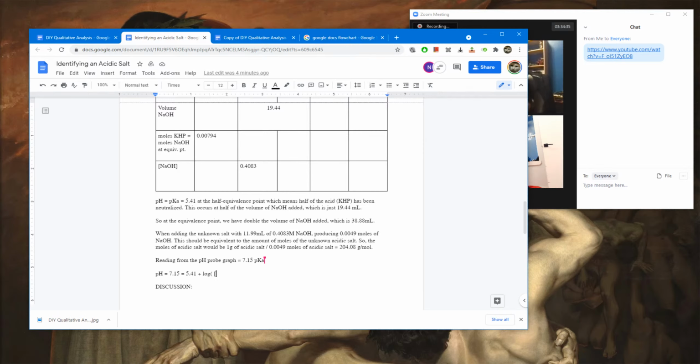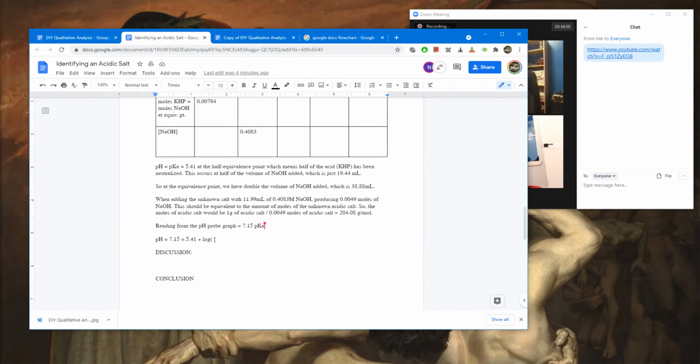So in other words, I'd put down weak acid, 1 gram, that many moles.